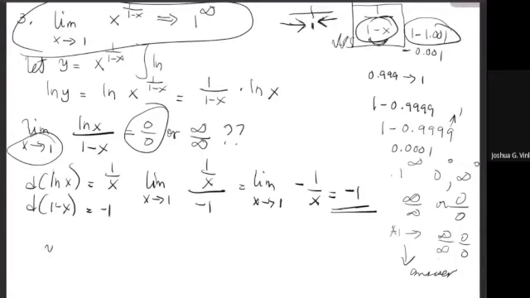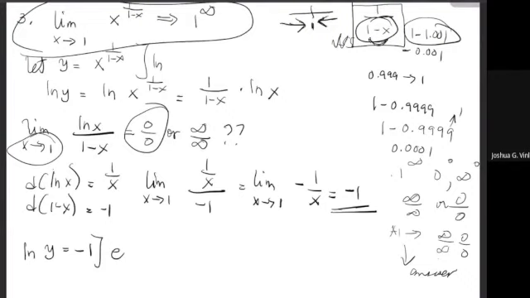So you now have y equals ln of y is negative 1. And so, get the e of both sides.